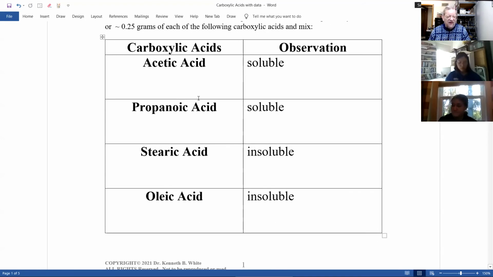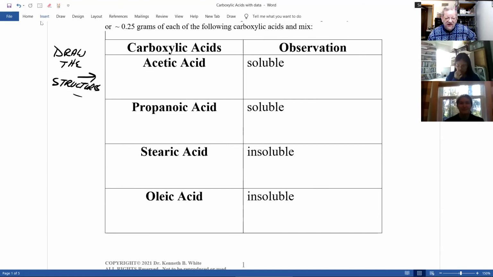Now, one of the things I don't have here, but will help you, is underneath the name. Draw the structures.